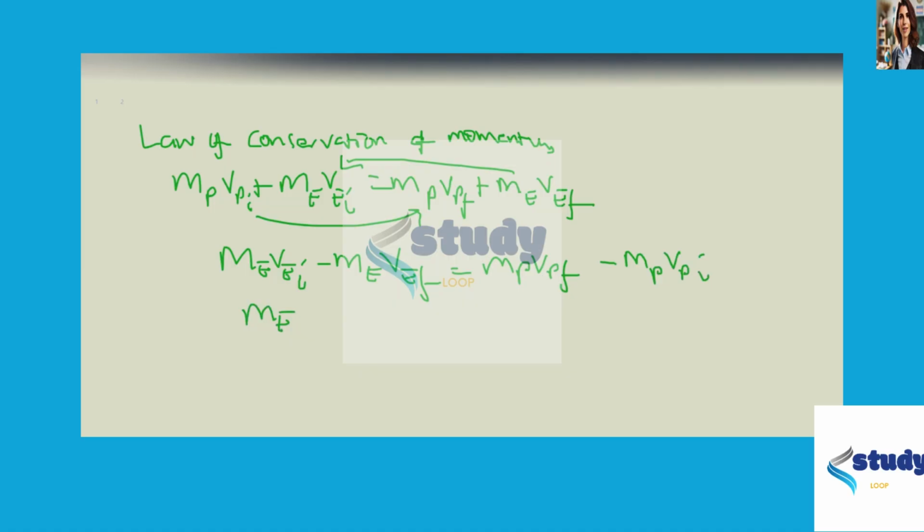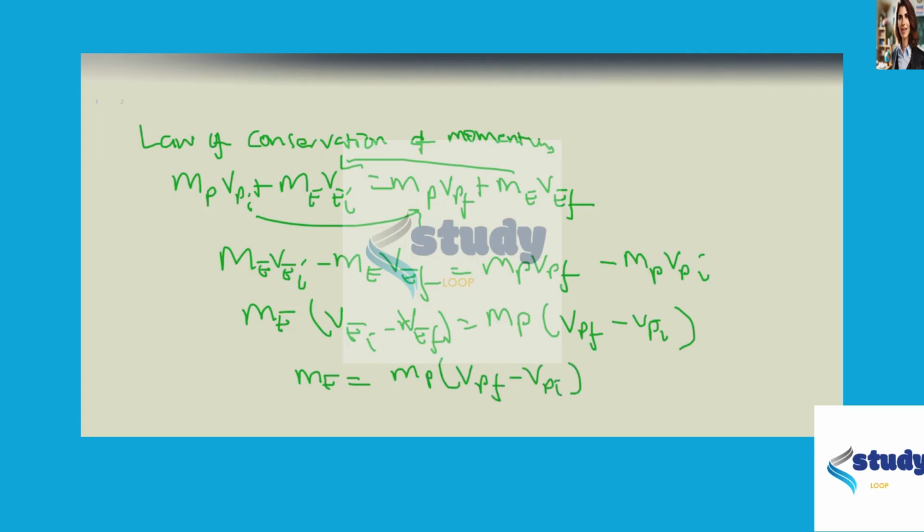So Me times (Ve initial minus Ve final) equals Mp times (Vp final minus Vp initial). And so Me equals Mp (Vp final minus Vp initial) all over (Ve initial minus Ve final). That's how we're solving this problem.